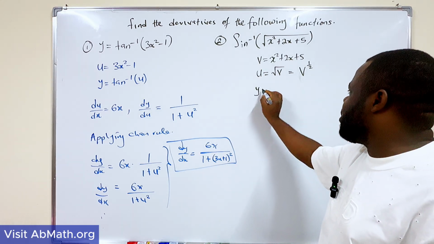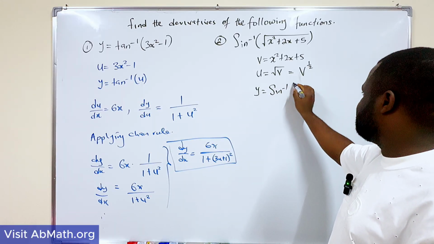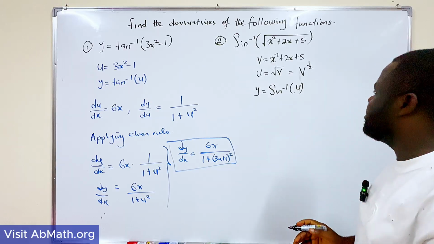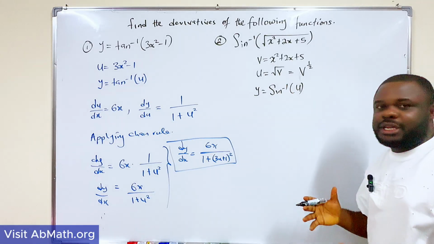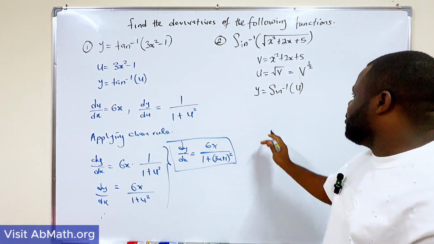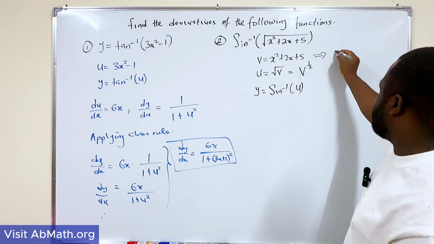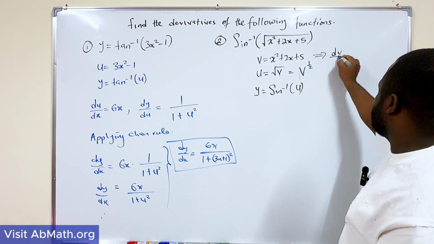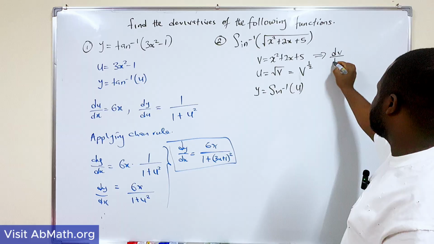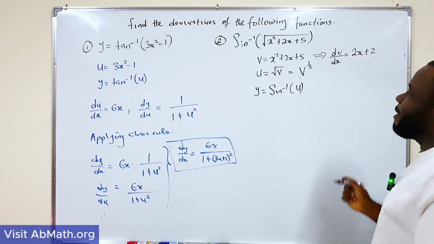Now, let's talk about the trigonometry. So trigonometry, we say y equals sine inverse of u. Okay? And that is how we represent them. We are doing this so that we can use chain rule, just like we did in the first question. So let's find the derivative of each. So the derivative of v with respect to x, dv/dx, will now be 2x plus 2.